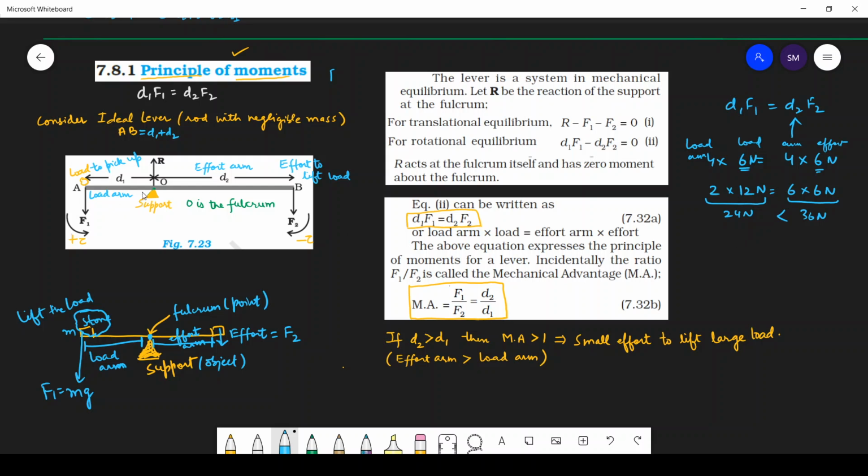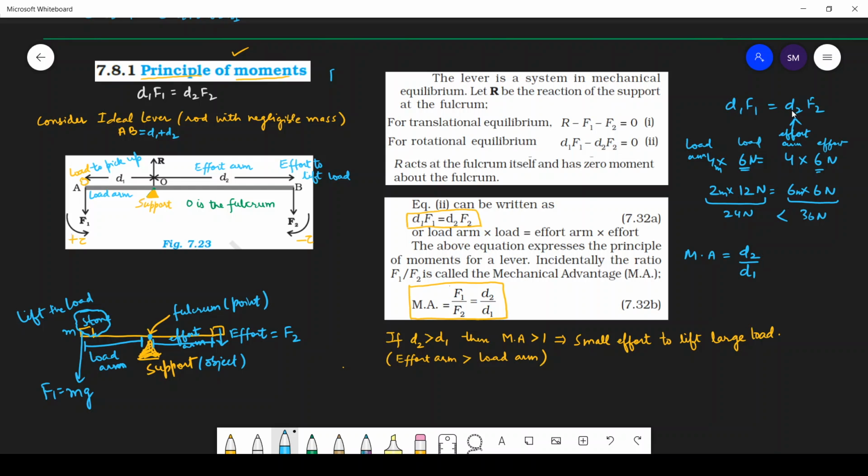You can clearly see in this figure also. This load arm, which is in meters, must be lesser, and your effort arm must be greater, and that's what we call mechanical advantage. So what is mechanical advantage? Mechanical advantage is D2 by D1.